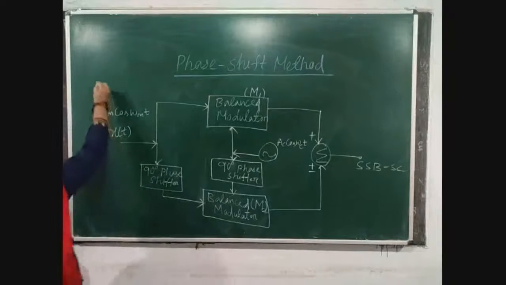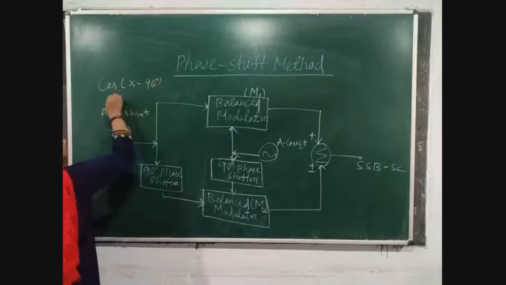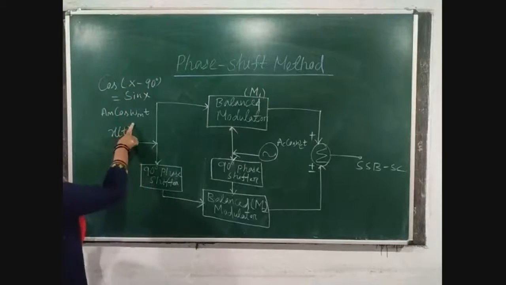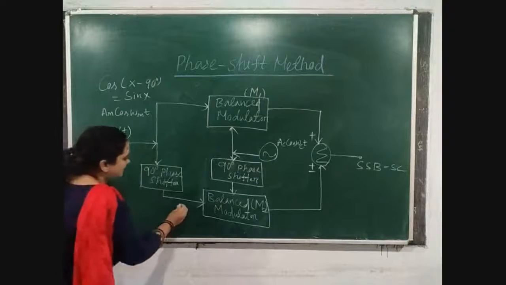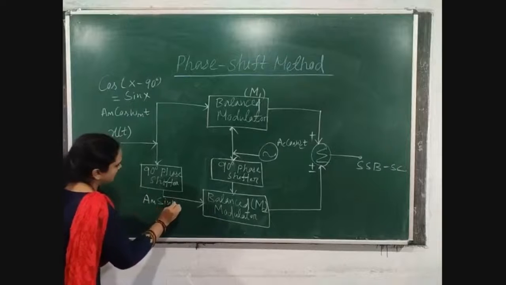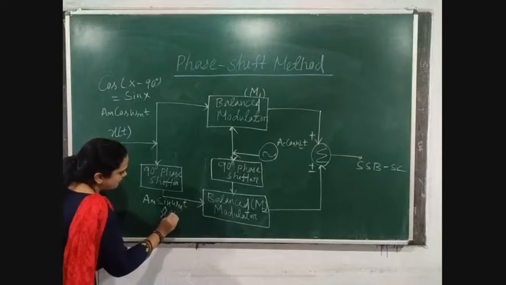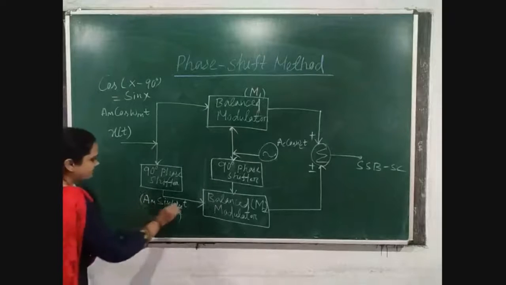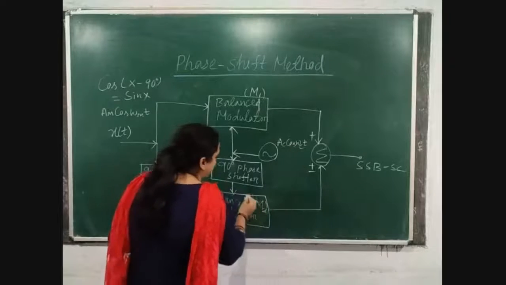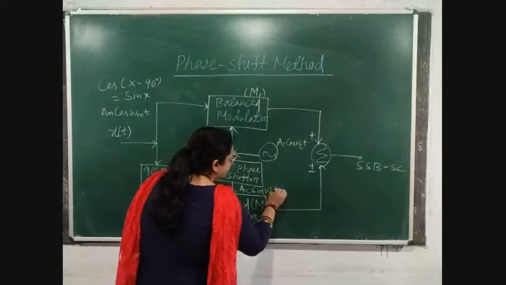As we know, cos(x − 90°) = sin x. So if we shift the modulating signal by 90 degrees, we get Am sin ωmt, which can be represented as x̂(t). When we phase shift the carrier signal, we get Ac sin ωct.